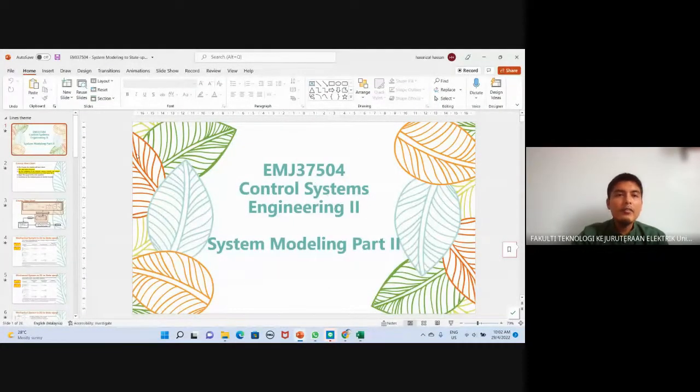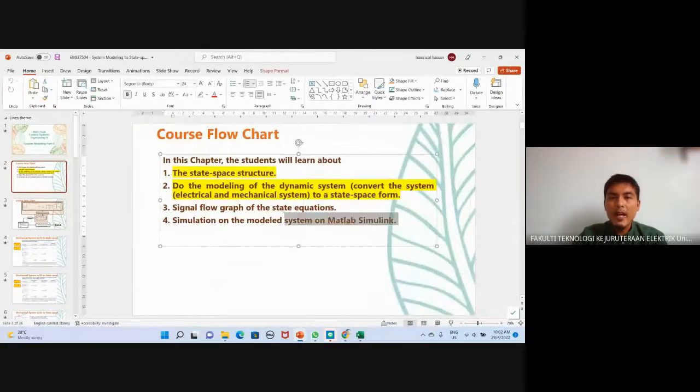Regarding the previous week, we already talked about system modeling part 2. Before that, I taught you how to convert an electrical system to state space. Last week, I converted the system from mechanical to state space. So this is what we have done.